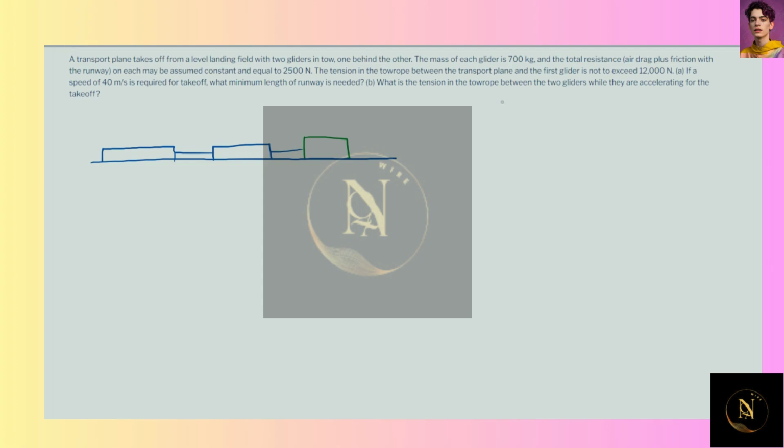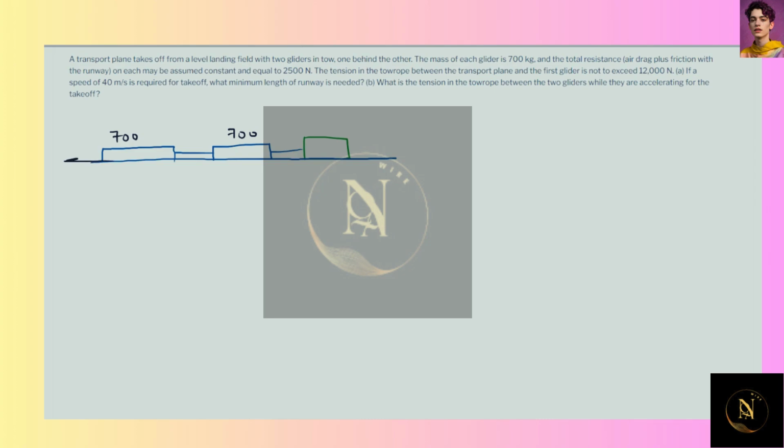And these gliders are each of mass 700 kg. So this guy and this guy are of 700 kg. Now, the total drag, as in the air resistance plus the friction of the runway, is assumed to be constant and equal to 2500 newtons on each.